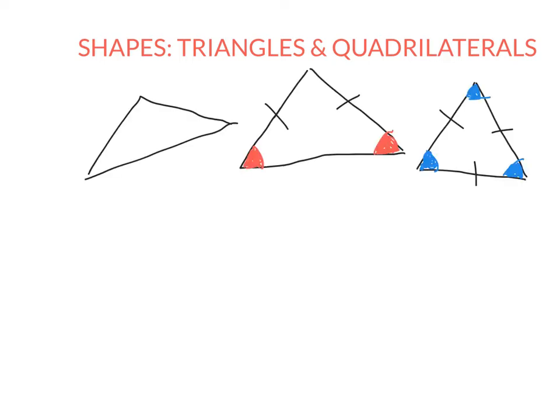So these three triangles on your screen represent the three possibilities as to the number of equal sides and angles triangles can have. So it can have 0 equal sides, it can have one pair or 2 equal sides, or 3 equal sides.